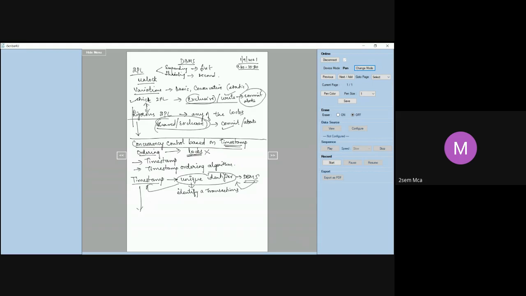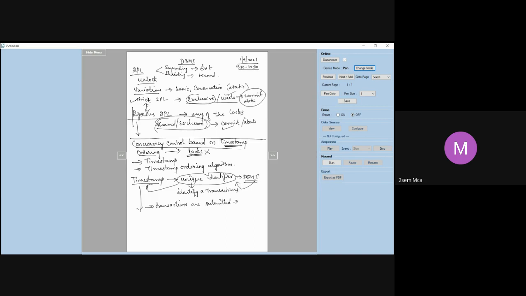So these timestamps are assigned in the order in which the transactions are submitted. The first transaction submitted for execution will get the first timestamp.